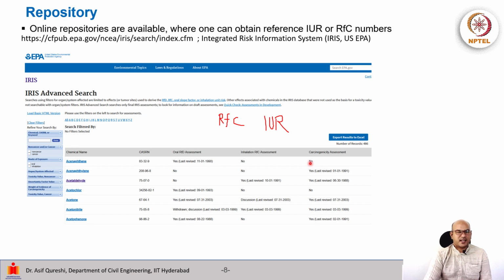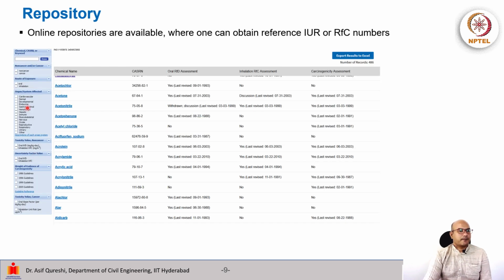Here we can have different options that we want, so which thing we want to check, cancer risk or non-cancer risk, for oral routes or inhalation routes. We can even choose the systems or organs affected as per the database.